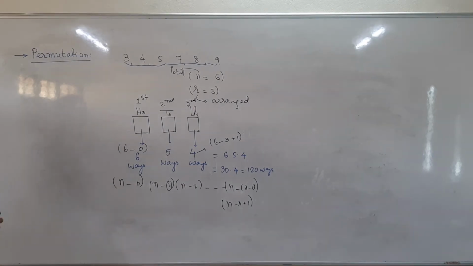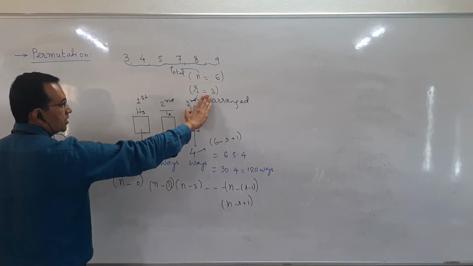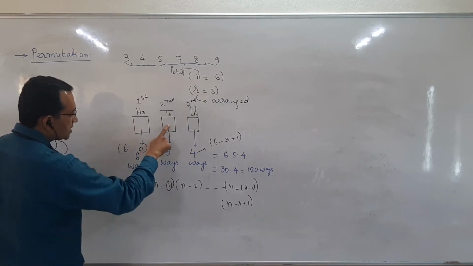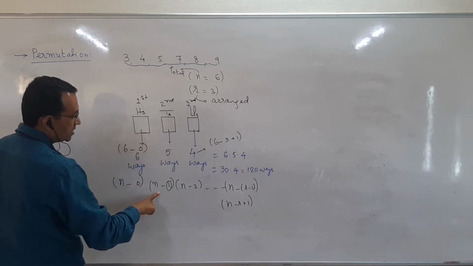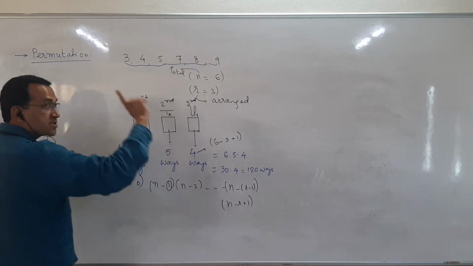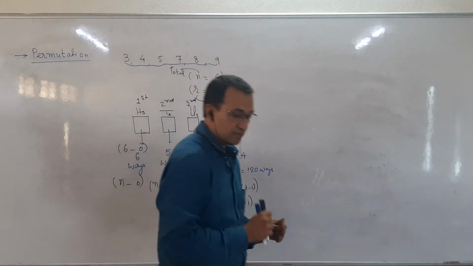So given are n objects, items or things out of which r items are to be arranged. Then the first of the r items can be arranged in n ways, the second item in n minus 1 ways, the third item in n minus 2 ways, and the last, the rth item, can be arranged in n minus (r minus 1) ways.